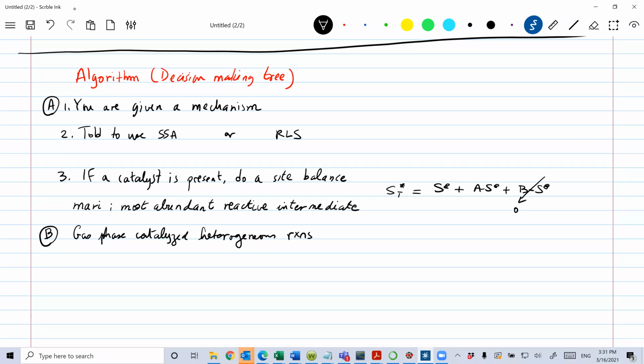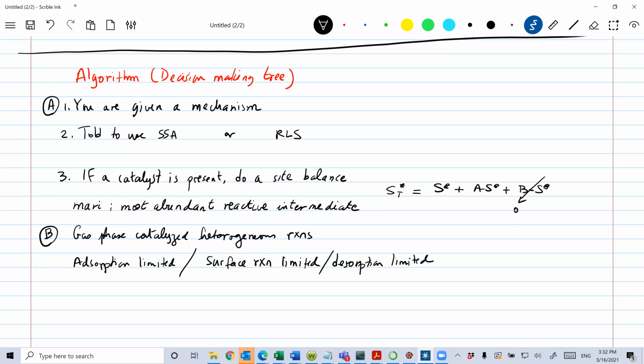And they can be limited at different steps. They can be adsorption limited, surface reaction limited, or desorption limited. So they could be limited by different things.